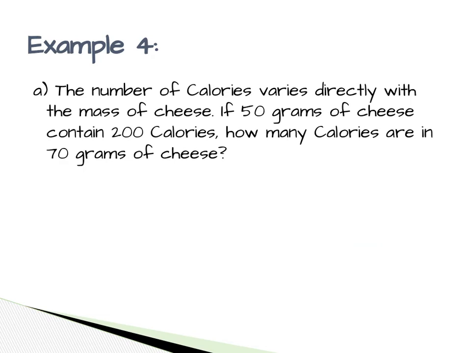Again, you can try this one on your own if you want to. I'm going to go ahead and do it though. Number of calories varies directly with mass of cheese. So it's going to be Y, and mass is going to be X. So 50 grams of cheese contains 200 calories. How many calories are in 70 grams of cheese? So we're going to do Y over X equals Y over X again.